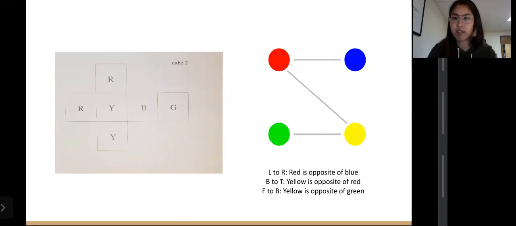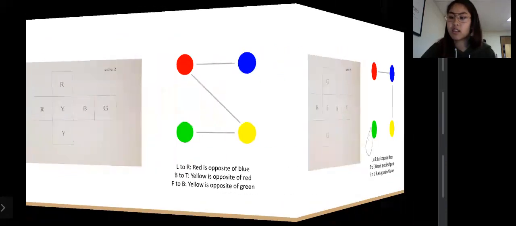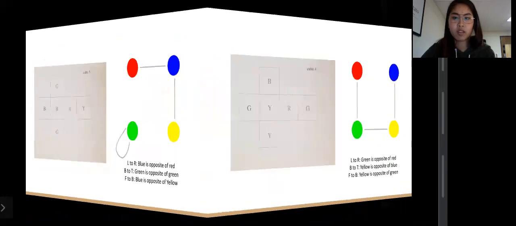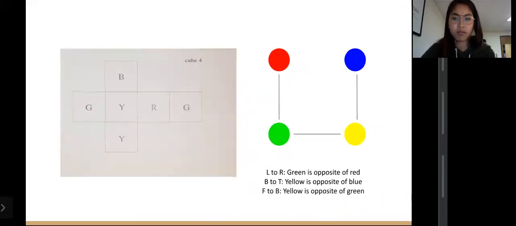So that's what this graph is telling us. We are able to visualize what the opposites are. And then quickly, this is graph 3 for cube 3, and this is cube 4. Those are just 4 separate graphs for the 4 separate cubes, but we want to find the solution for the 4 cubes stacked onto each other.